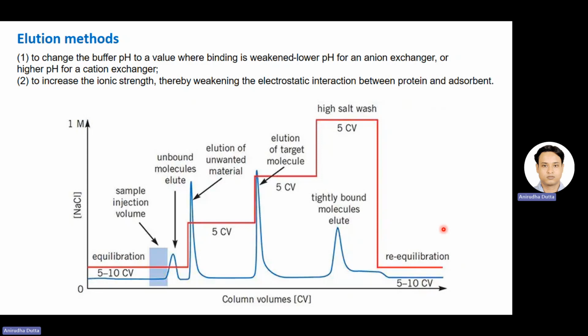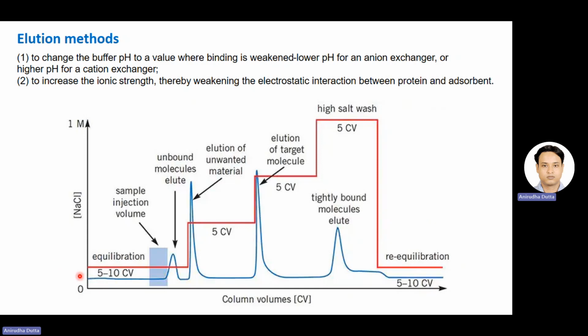So by changing the pH of the buffer, we can elute the protein from the ion exchanger, as well as we can increase the ionic strength by adding more salt in the elution buffer. The salt would interfere with ionic interaction between the protein and the matrix, and that's how it will elute.